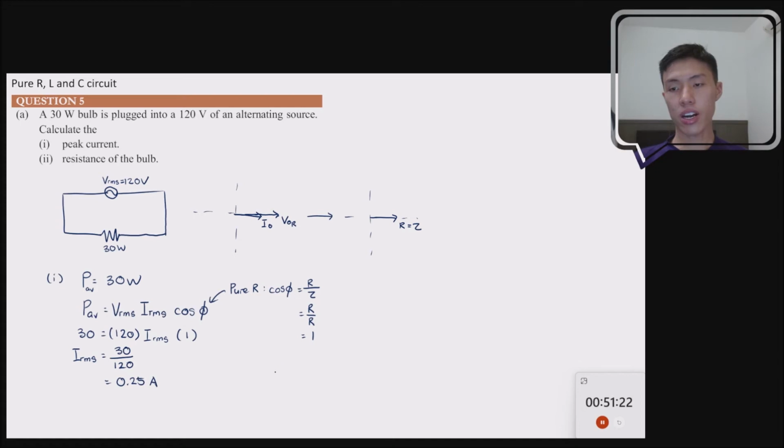Okay, so you get your IRMS ready, you can find your I0. IRMS is equal to I0 divided by square root of 2. So IRMS is 0.25, and I0 is what you need to determine.